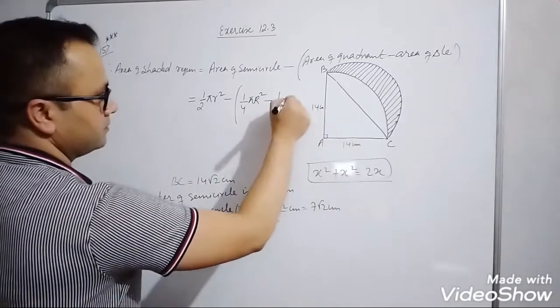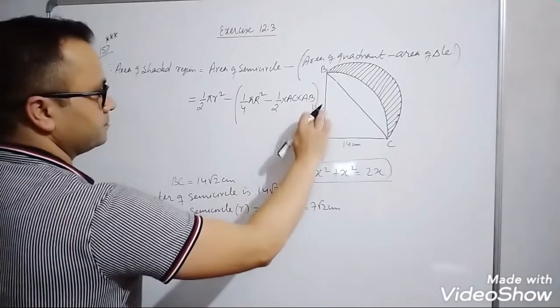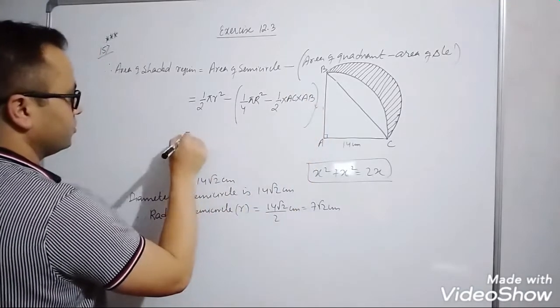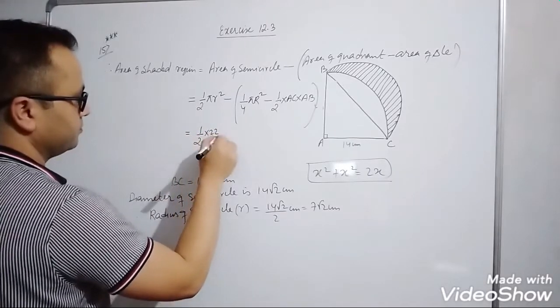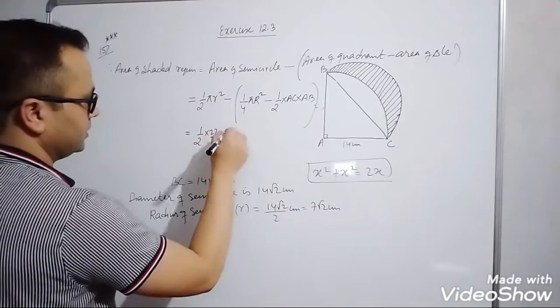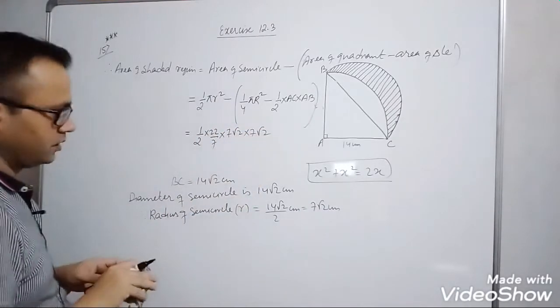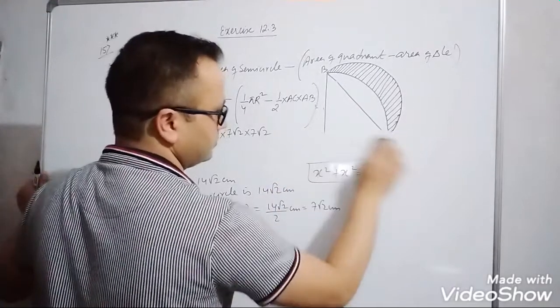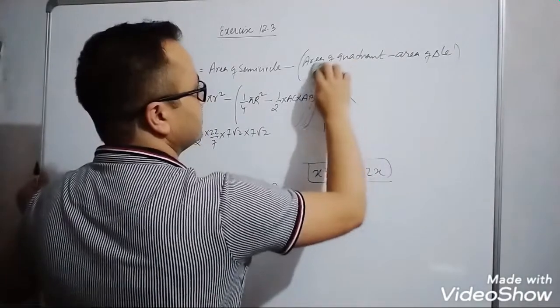Base is AC, height is AB. Now close the bracket. So this equals to 1 by 2, value of pi is 22/7, into radius is 7 root under 2 into 7 root under 2.